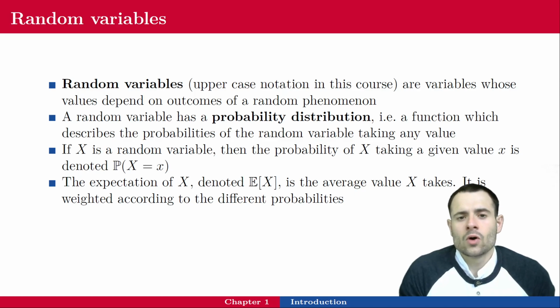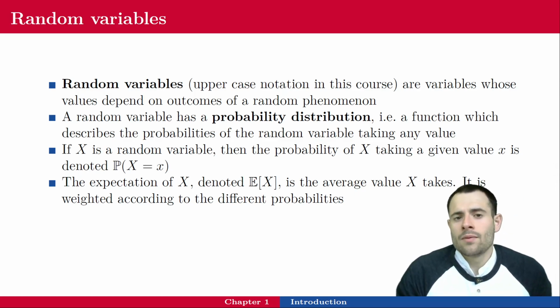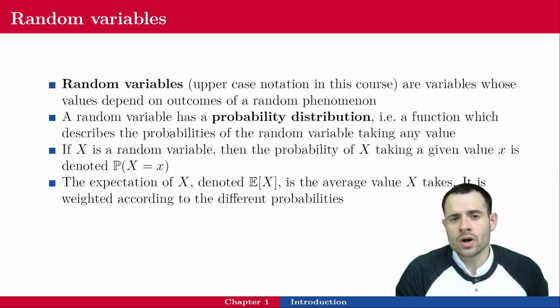Again, if you go back to a 6-faced die, with probability 1 over 6, you're going to get 1. With probability 1 over 6, you're going to get 2, and so on. If you want to take the average, you need to do 1 times 1 over 6, plus 2 times 1 over 6, plus 3 times 1 over 6, and so on, until you get to plus 6 times 1 over 6.